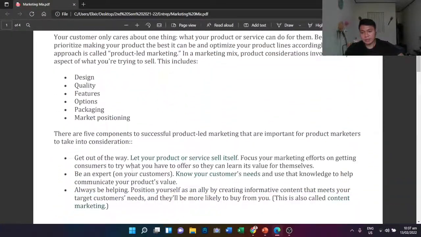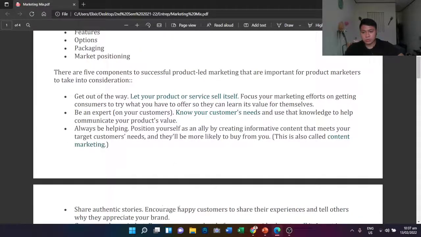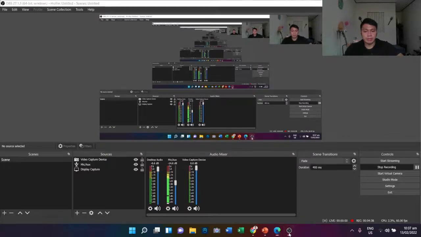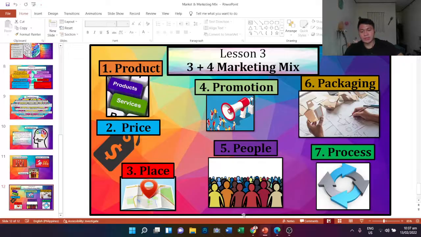And the last one is to position yourself as an ally by creating informative content that meets your target customers' needs, or content marketing.